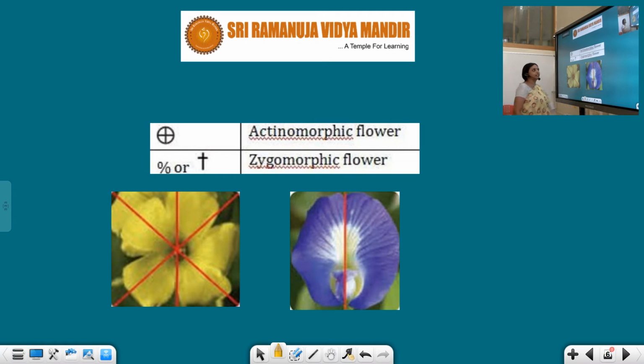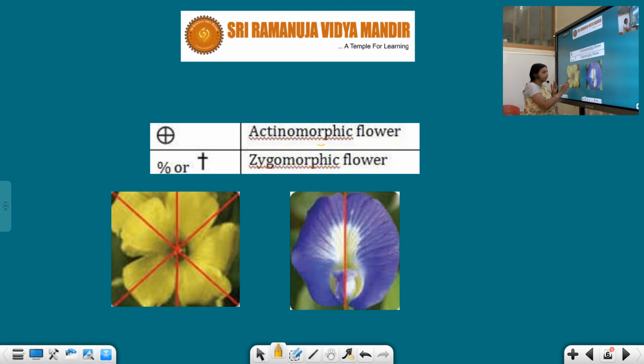If you have to represent the symmetry of a flower, and the flower is actinomorphic. What do you mean by the term actinomorphic? If a flower can be cut into 2 equal halves, crossing from any plane, crossing the center, it can be cut into 2 equal halves from any plane.